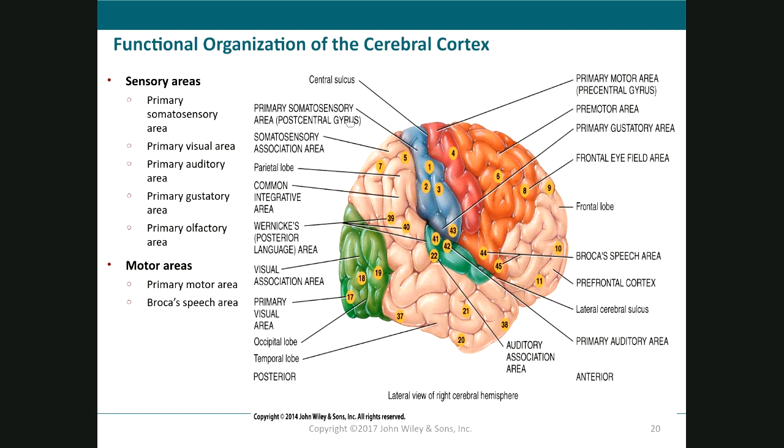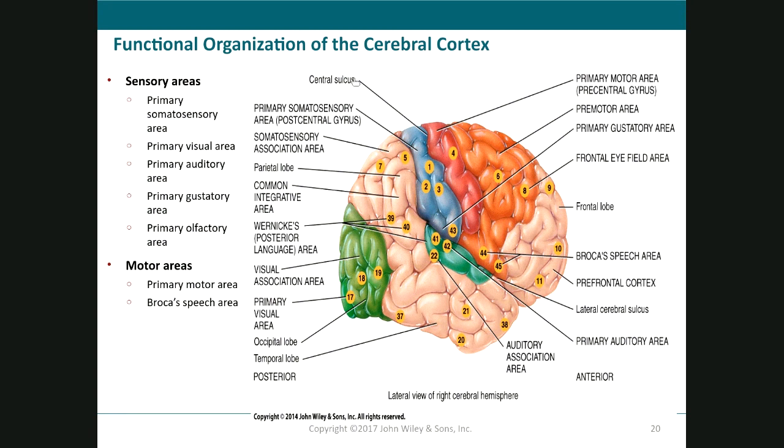The gyrus in red is called the precentral gyrus, in front of the central sulcus. And the mound in blue is called the postcentral gyrus, behind the central sulcus.